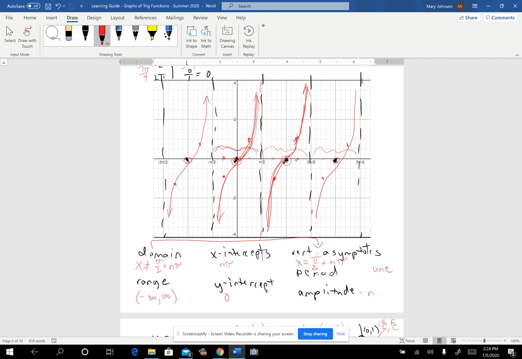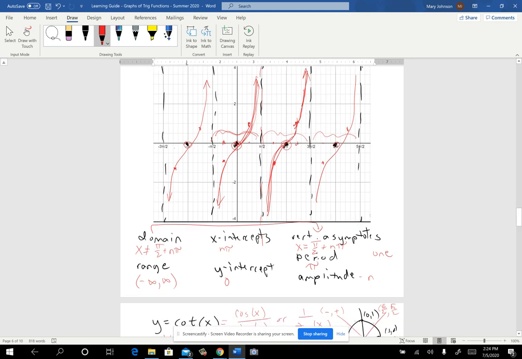So the period isn't 2 pi, it's pi. So you can repeat what happens within 1 pi worth, and then that keeps going to the right and to the left. And we don't talk about an amplitude because it just goes off to infinity and to negative infinity.